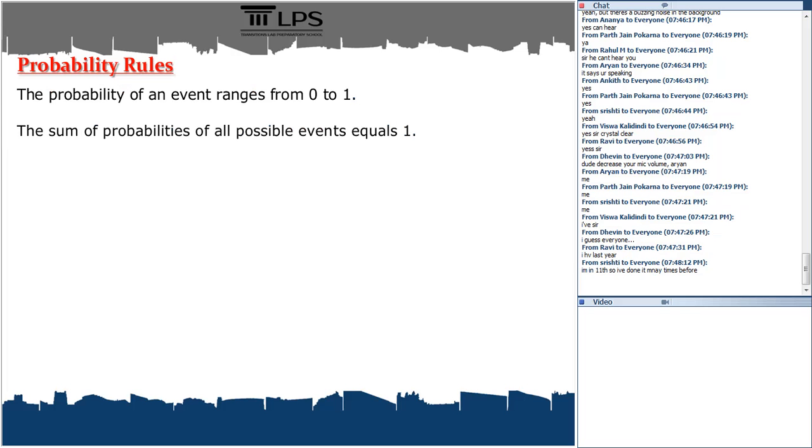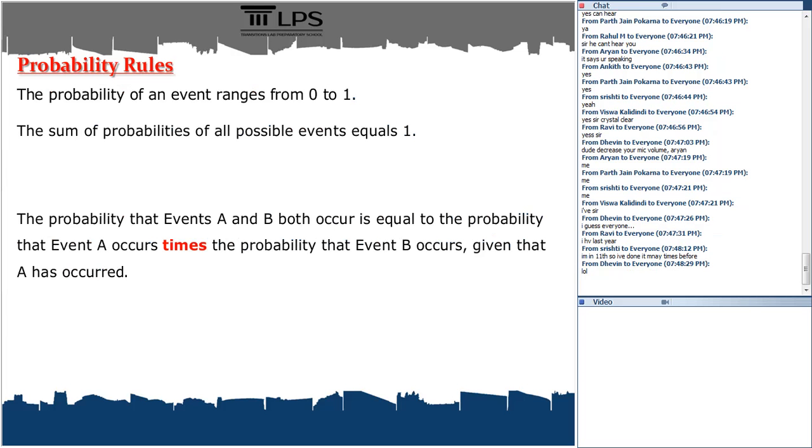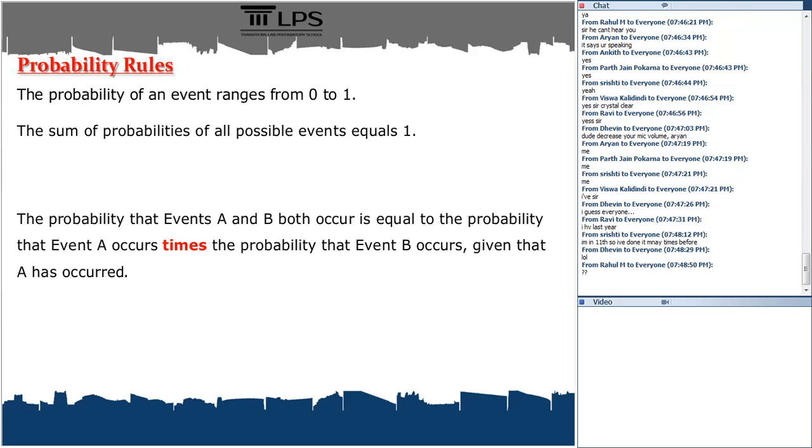The sum of all probabilities for all the possible events is always going to be equal to 1. So if you add up probabilities, the sum will always be equal to 1. The probability that events A and B both occur is equal to the probability that event A occurs times the probability that event B occurs.